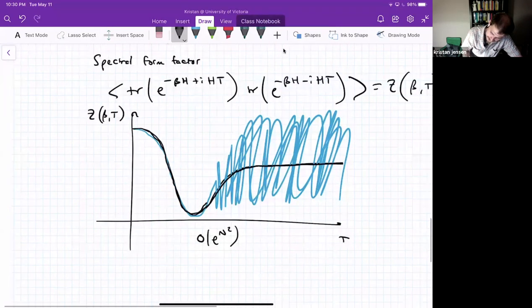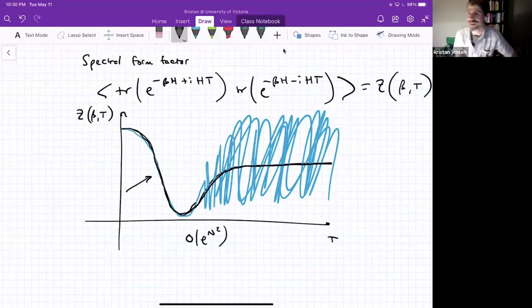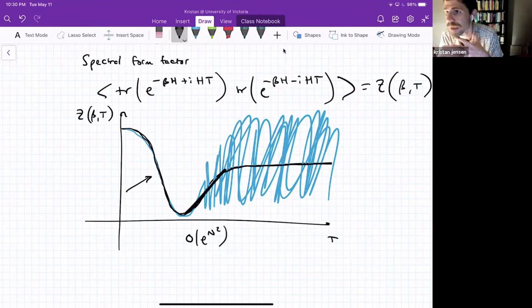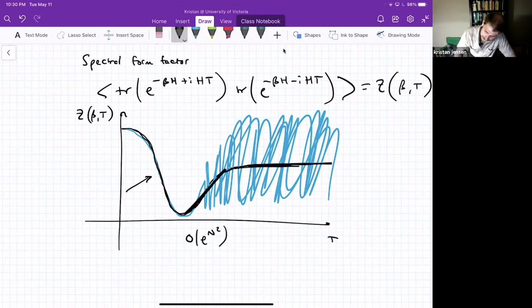There's this one, which is so-called early time physics, giving you a dip. There's a ramp, a thing that scales approximately linearly for quite a wide range, several decades in time usually. And then so-called plateau, where you get something that either time averages or ensemble averages to a constant.